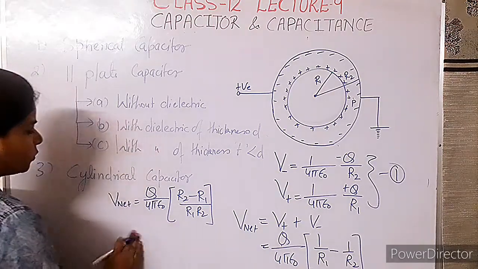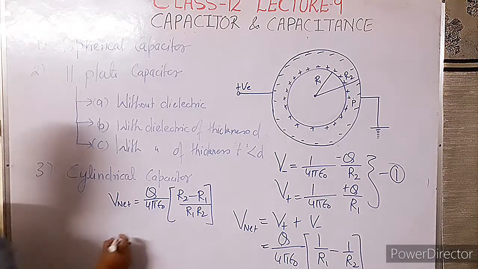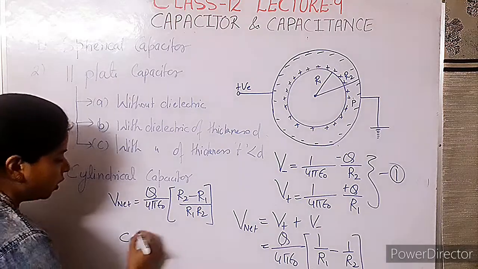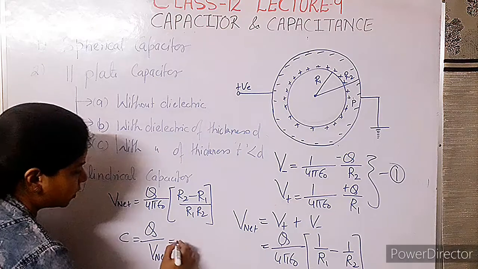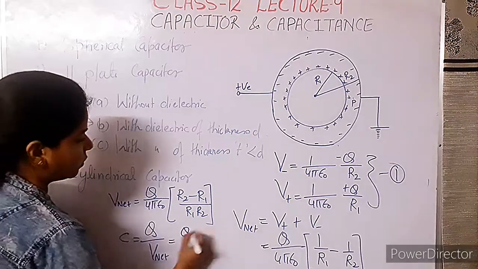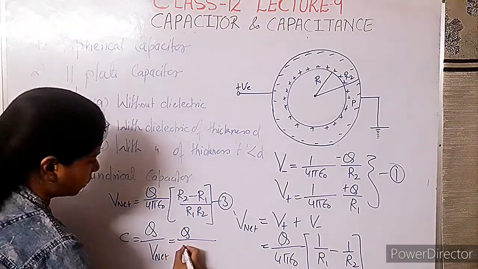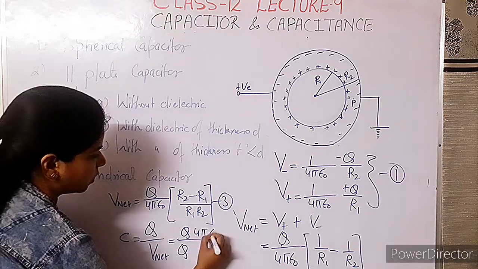Afterward, what we have to do? We have to apply the law of capacitance, which I told you. We have to find the capacitance of this spherical capacitor. So C is equal to Q divided by V net, in accordance with the law of capacitance. Put the value of equation number 3 in this equation. So we get Q, and 4 pi epsilon naught in the denominator will go up.